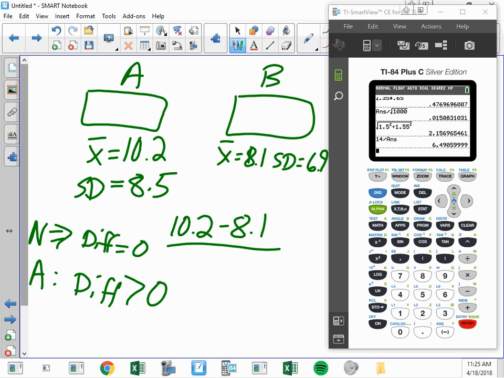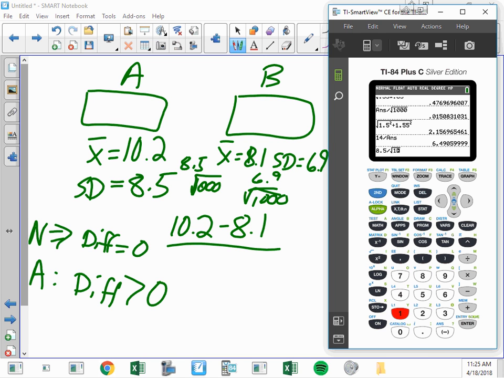The SE difference is going to be the square root of 8.5 divided by the square root of 1,000, squared, plus 6.9 divided by the square root of 1,000, squared.